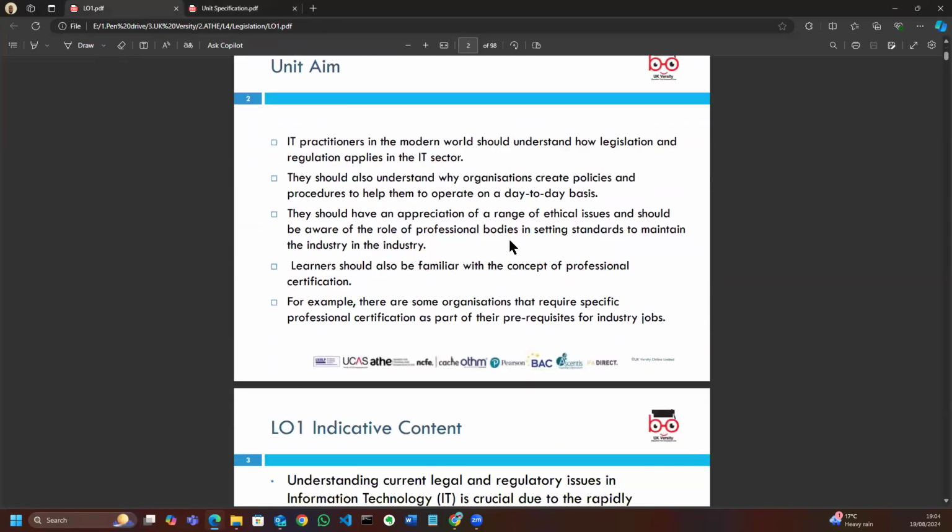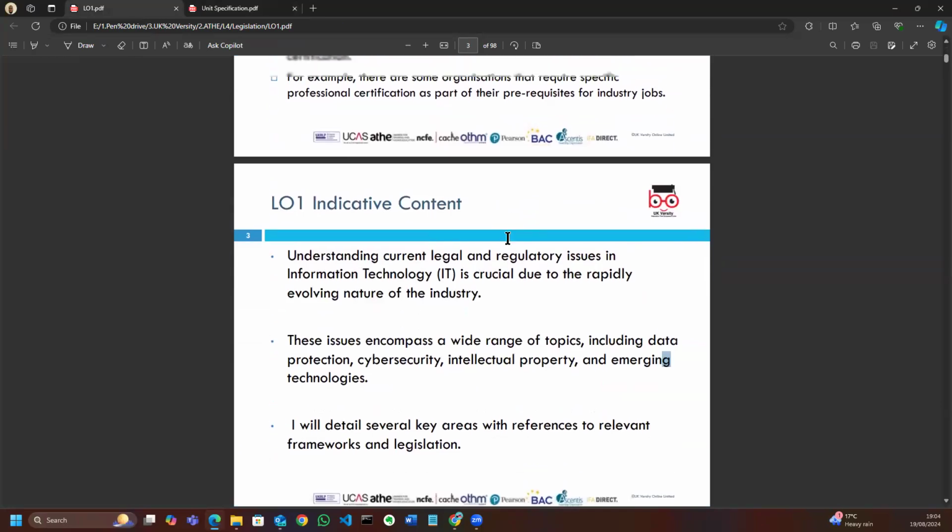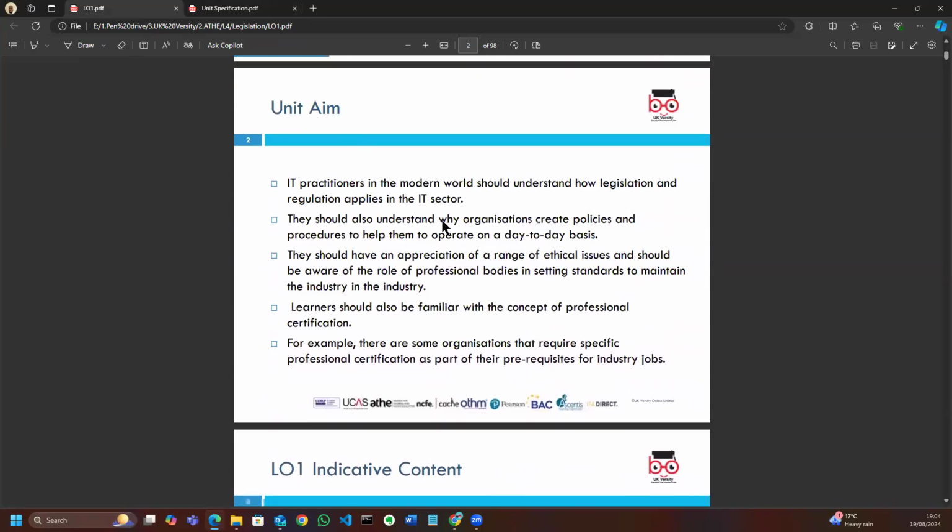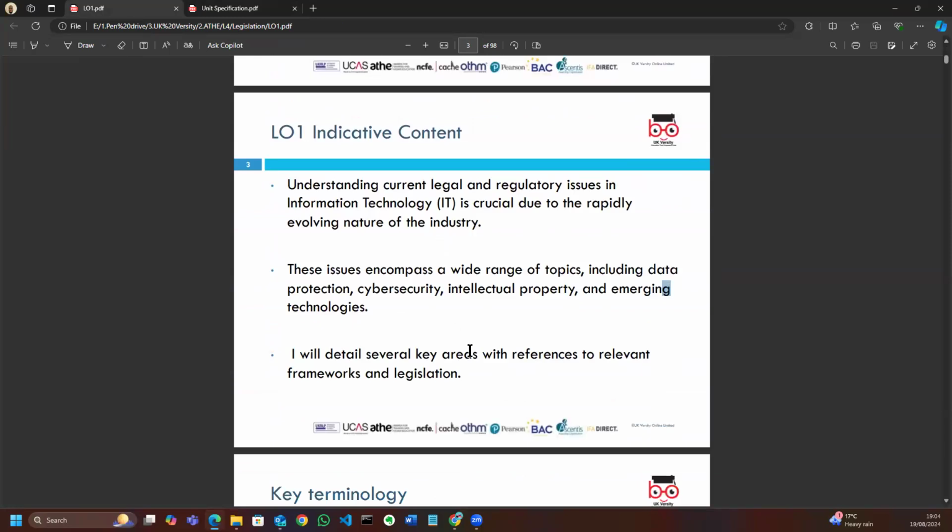After introducing our unit aim, as mentioned, in today's session we're going to understand the current legal issues occurring in IT. The issues can be due to a wide range of topics, and we'll look into each of them.